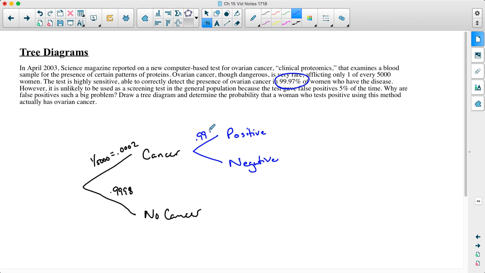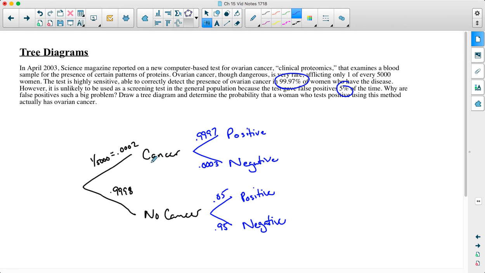We're going to say 0.9997, which means that we only get a false negative 0.0003 of the time. For no cancer, though, we get this false positive that occurs 5% of the time. So that's 0.05 here. That makes this 0.95 of the time we'll get a negative.